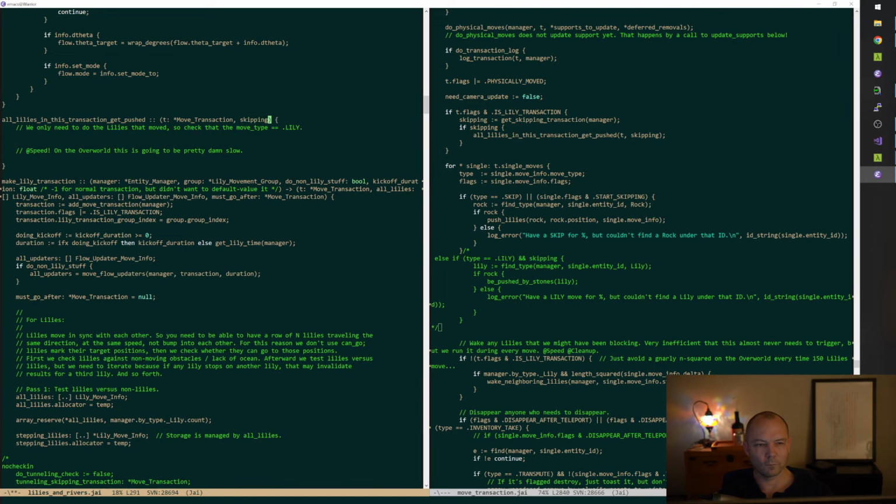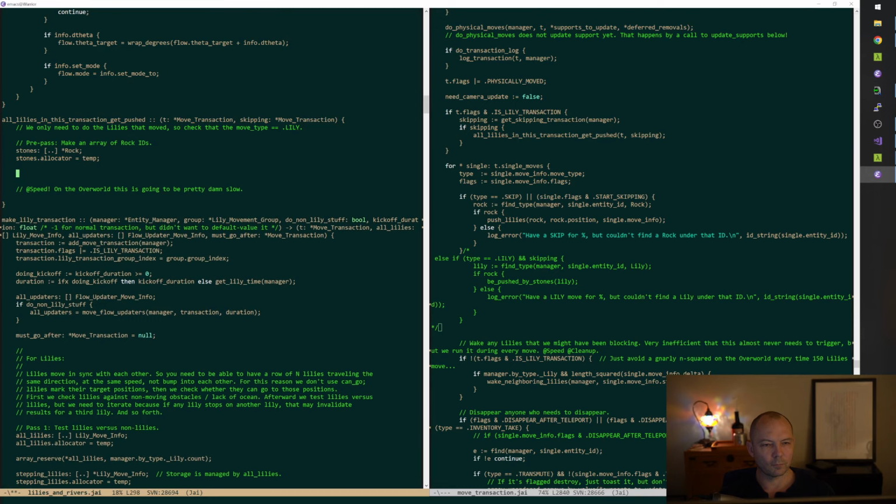Make an array of rock IDs. Now check in. I think I don't need to worry about the initial push, but check that maybe. Okay, so we're gonna do this thing.